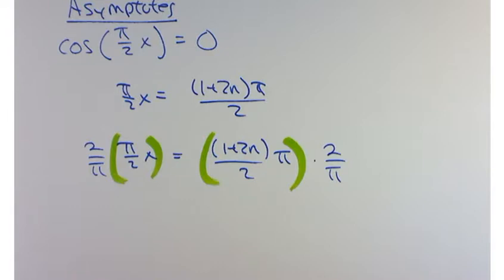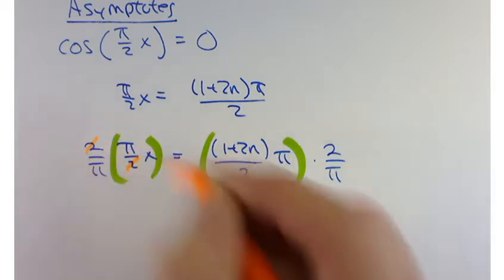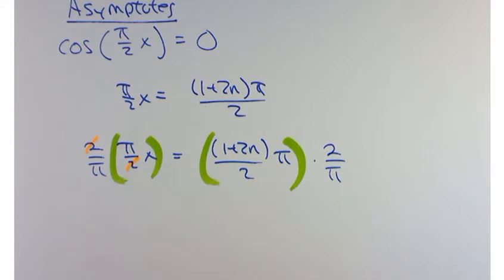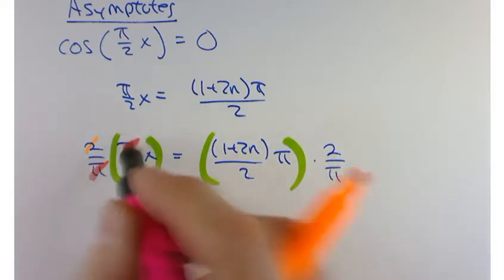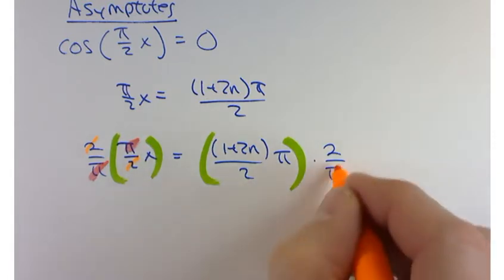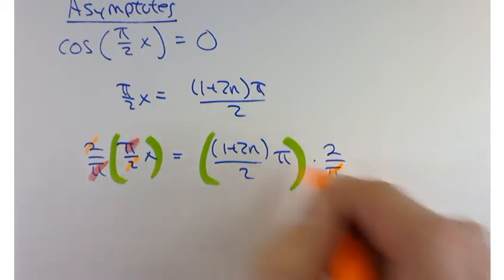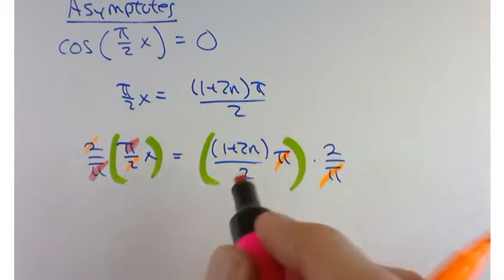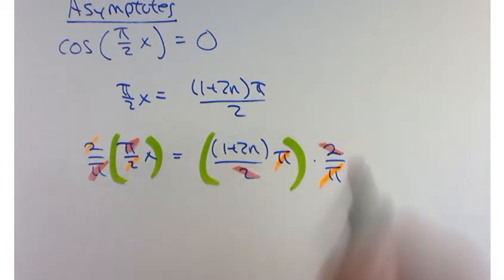So initially, maybe it's a little bit uncomfortable, but I think in the end, it's going to work out pretty nice. On the left-hand side, we get a lot of nice cancellation. On the right-hand side, we also get a lot of nice cancellation. Units of pi are going to cancel. The 2 is going to cancel.